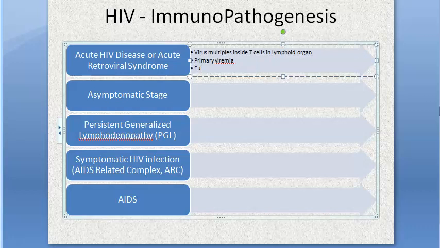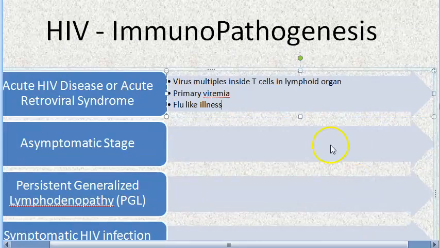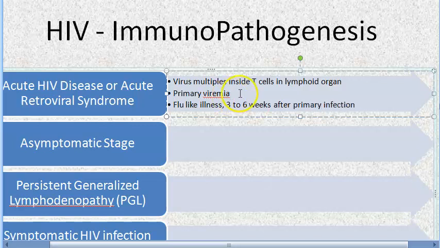So it's just some flu-like illness, 3 to 6 weeks after primary infection. This is called primary viremia or acute mononucleosis-like syndrome. Okay. So we are done with this.